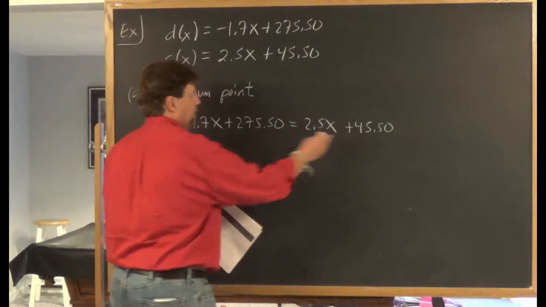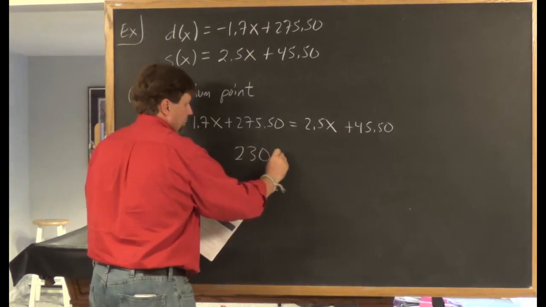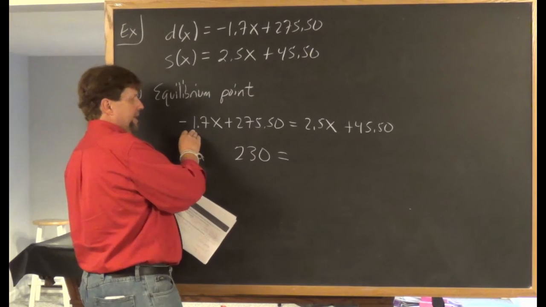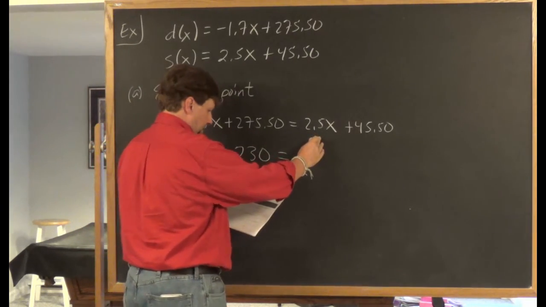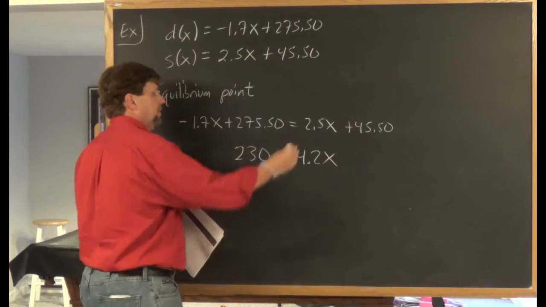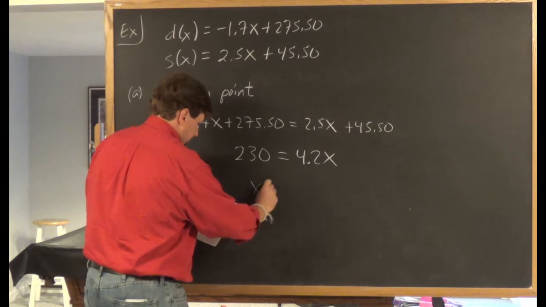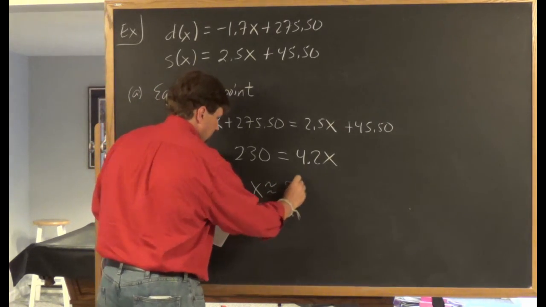Subtracting 45.5 from both sides gives me 230. Adding 1.7x to both sides gives me 4.2x over here. Divide both sides by 4.2 and I get x is pretty close to 54.76.